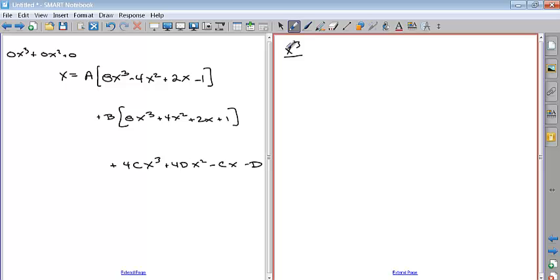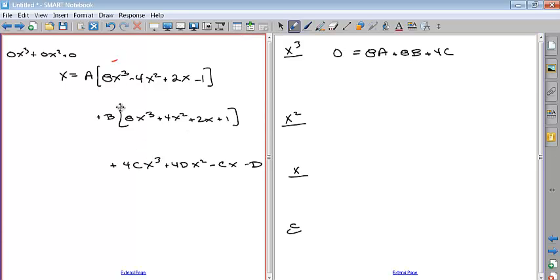So we're going to have one equation that involves x cubed, one that involves x squared, one that involves x, and one that involves the constant. On the left-hand side, we have 0x cubed, and on the right-hand side, we're going to have 8a plus 8b plus 4c. So those are all the x cubed things. I'm just going to check those off. 8a, 8b, 4c.